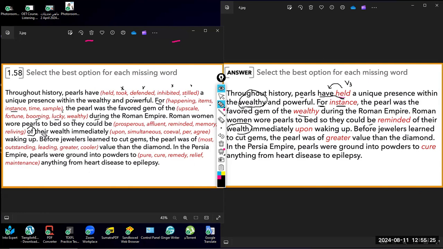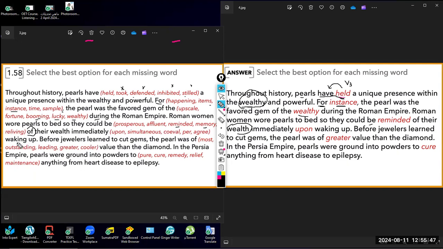For example, you reminded me of my friend. So I have to say that they could be not absolutely, not memory, because memory is a noun. So not relieving. So I have to say reminded me of their wealth immediately.